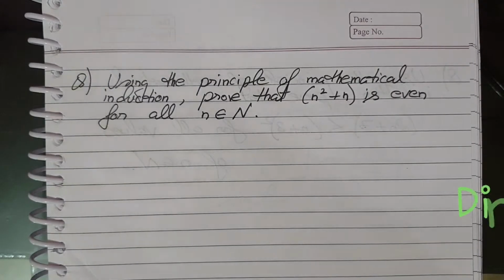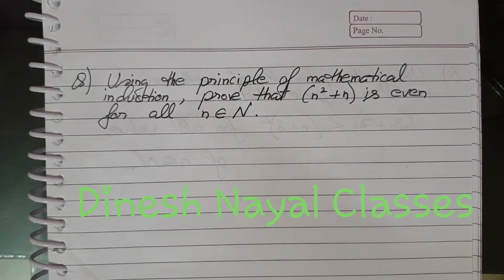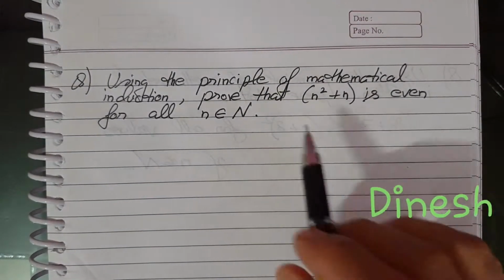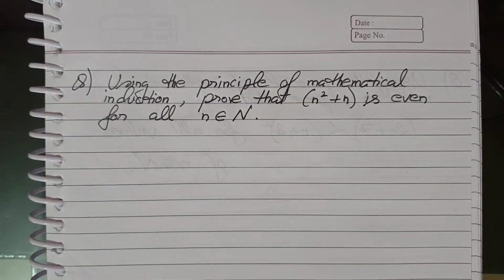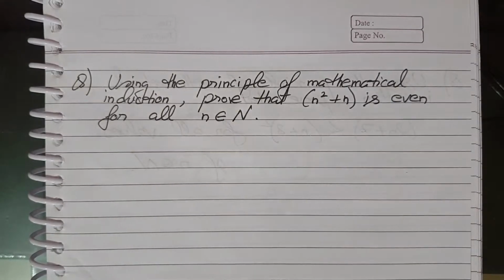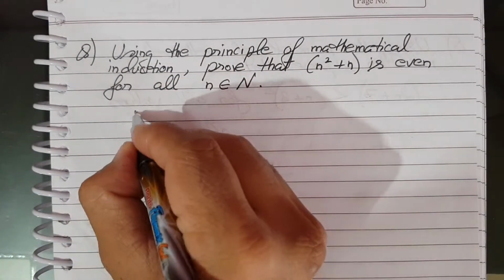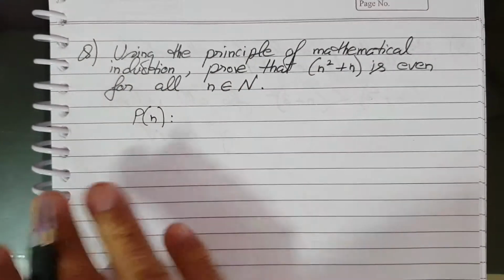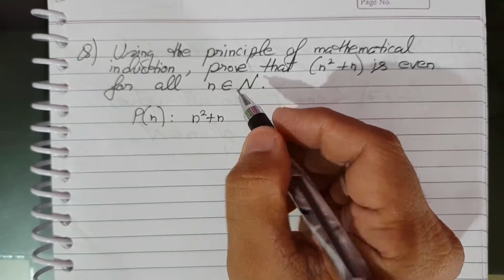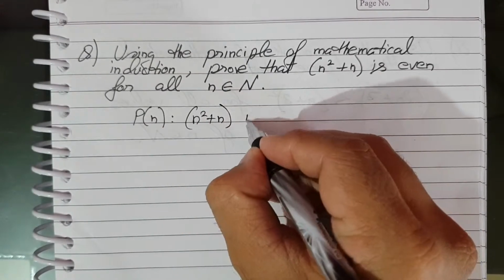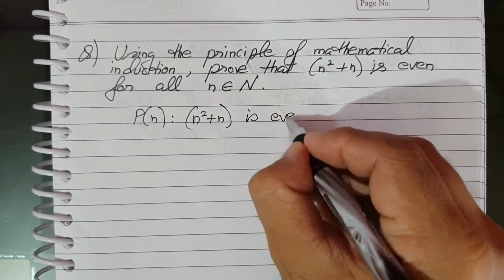Our next example. Using the principle of mathematical induction, prove that n square plus n is even for all n belongs to natural number. So we have to prove n square plus n is an even number. So again our statement Pn is such that n square plus n is even.